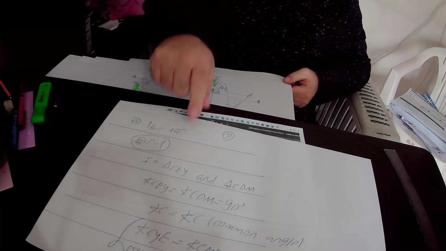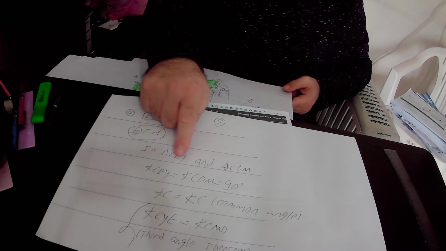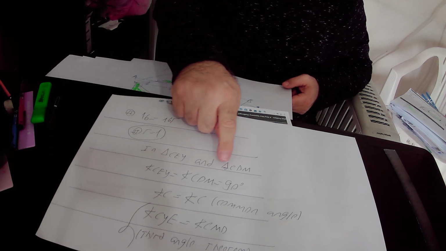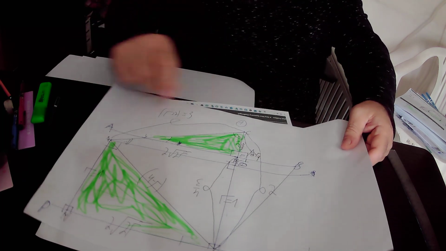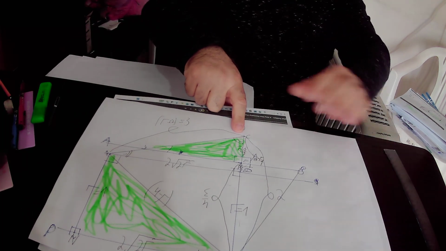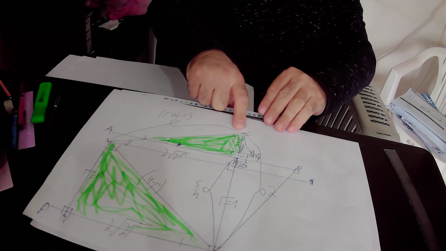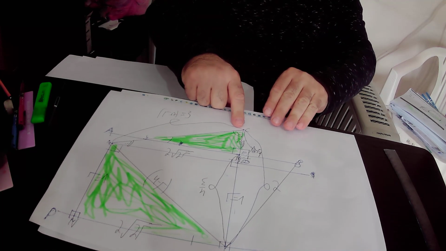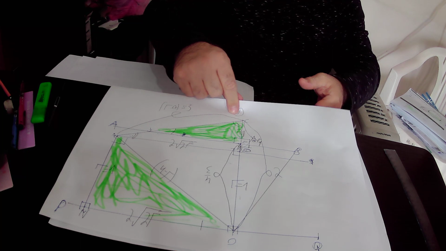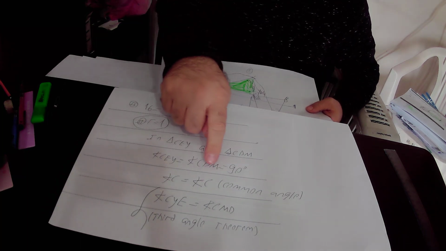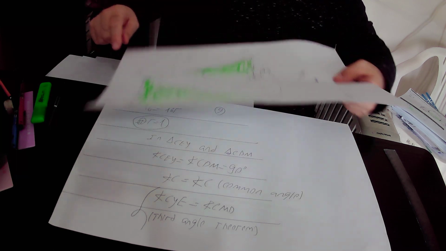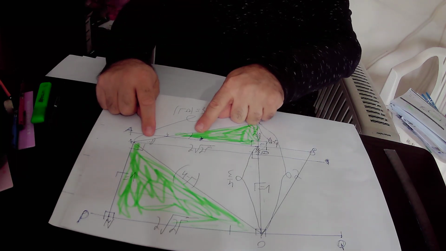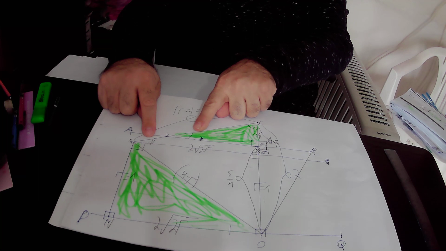So here, angle CEY equals angle CDM equals 90 degrees. And we also have this angle that is a common angle. It belongs to both triangles. Therefore, angle C equals angle C, a common angle that belongs to both triangles. And finally, we have those two angles that are also equal to each other according to the third angle theorem.